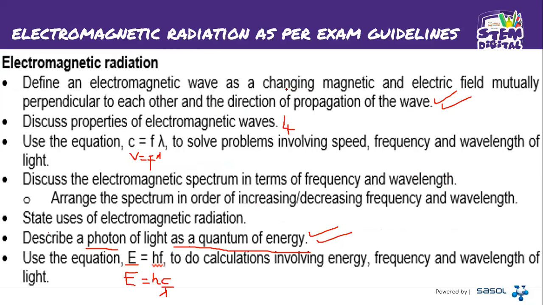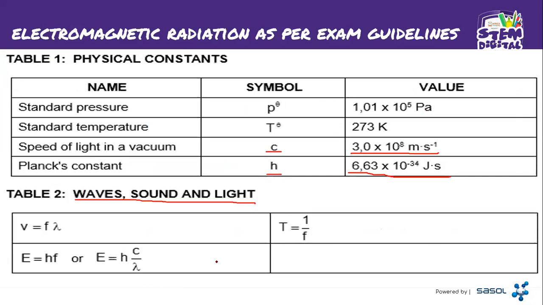And there it is. Changing magnetic and electric field mutually perpendicular to each other and the direction of propagation of the wave. And that is going to give you 2 marks.